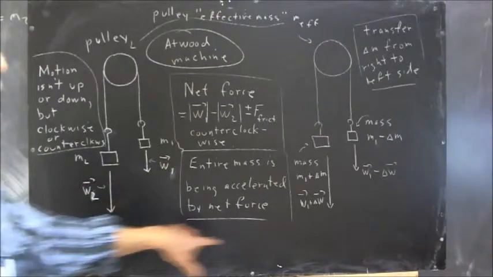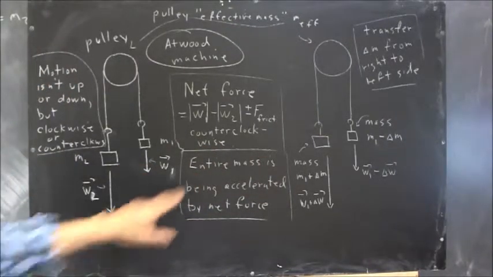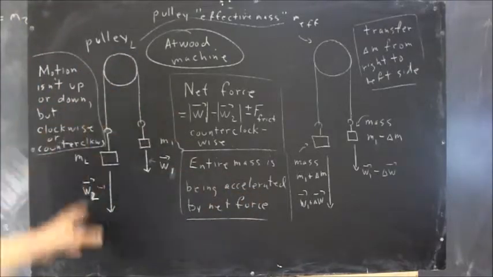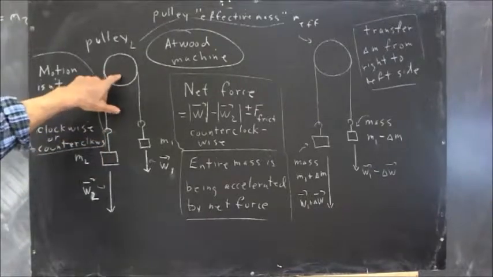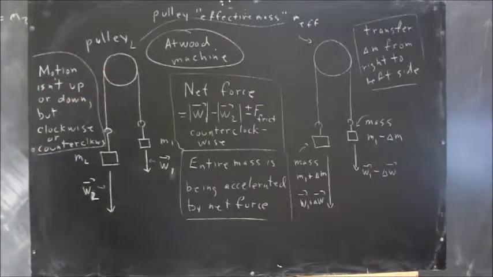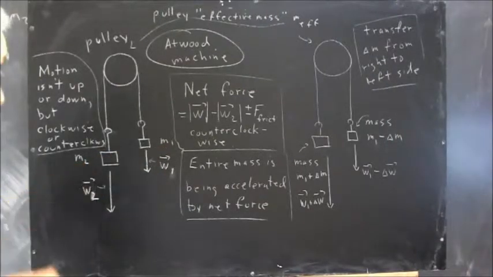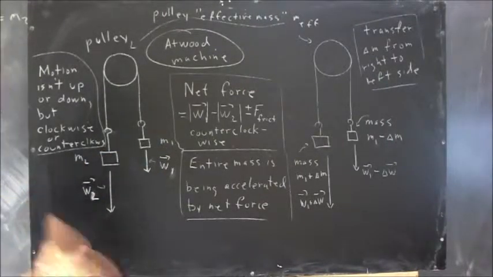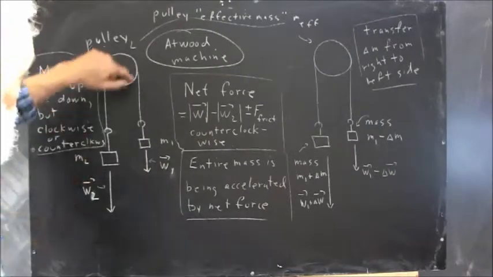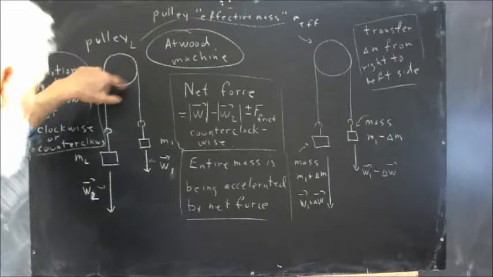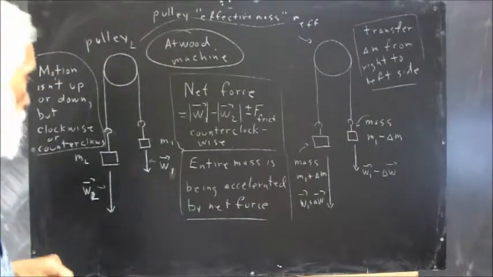The other thing that's really important that people tend to forget: the entire mass of the system is being accelerated by the net force. If the pulley has negligible mass, then the mass of the system is just M1 plus M2. If the pulley has significant mass, that gets a little bit complicated, because some of the mass is toward the outer rim and gets accelerated at a greater rate than the mass toward the center.